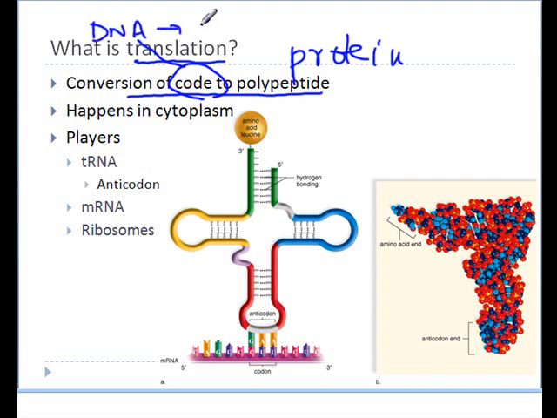DNA sent the code through the messenger RNA, and now it's going to be directing the synthesis of proteins. The previous stage was taking place in the nucleus for the eukaryotes, and for the prokaryotes it was actually in the nucleoid region, which is within the cytoplasm. However, translation is clearly going to take place in the cytoplasm.